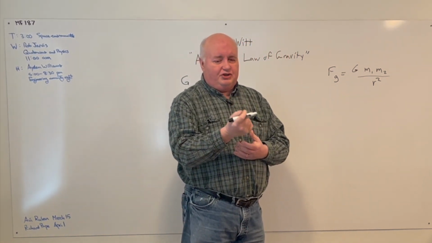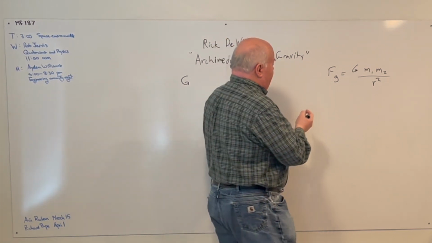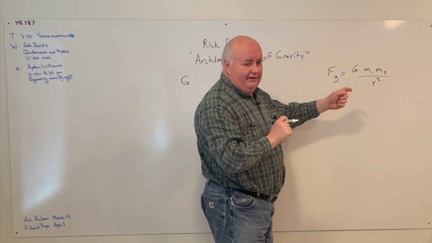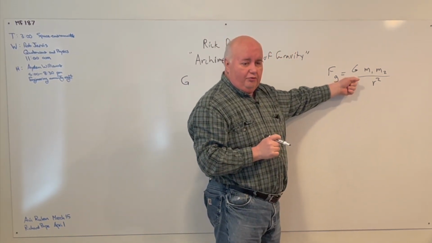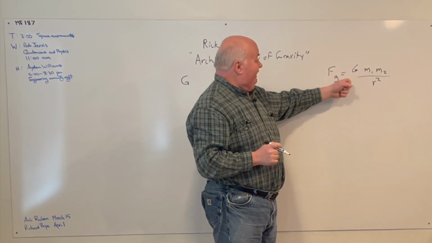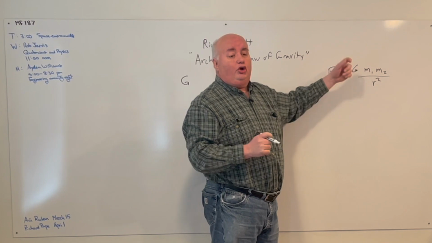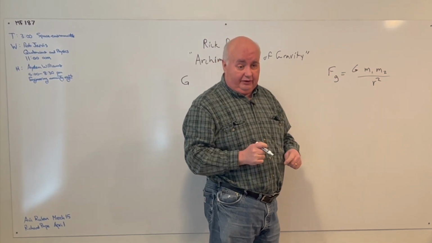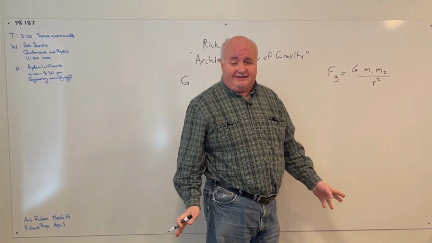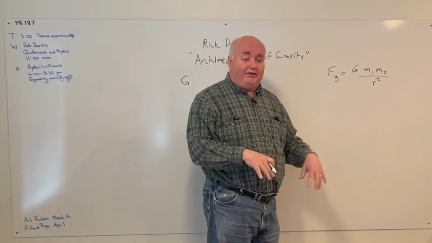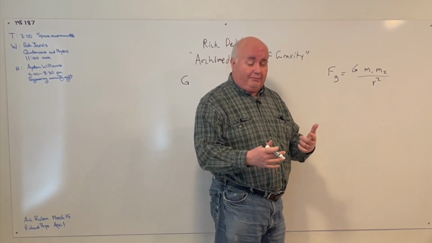What I'm going to notice is that when Newton wrote his equation, he arbitrarily put G in the numerator. He could have put it in the denominator, and it would have been completely the same. The number would have been different; it would have been the reciprocal.